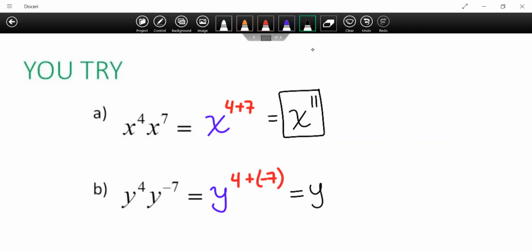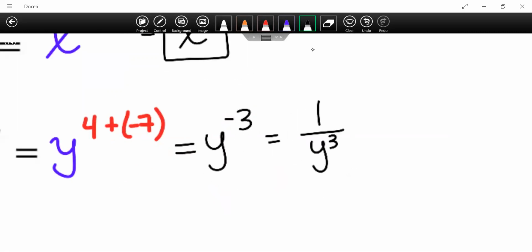You're going to get y to the negative 3, or y to the third power, sorry. And then because it's a negative, what do we do? Put it as a fraction. 1 over y to the third power. Is that the answer? That's the answer. Yeah. Here's our answer.